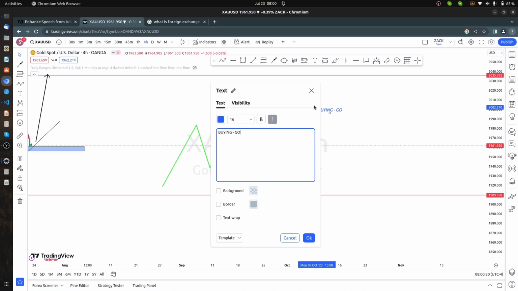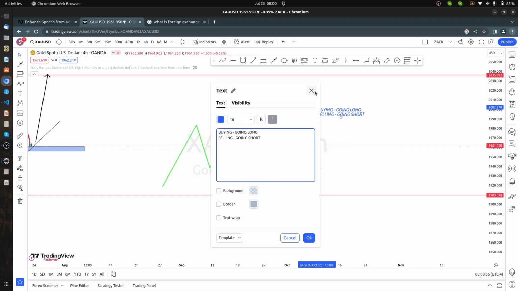When somebody is selling, they are going short. So to buy means to go long, and to sell means to go short. We buy when the market is moving up, and we sell when the market is moving down.